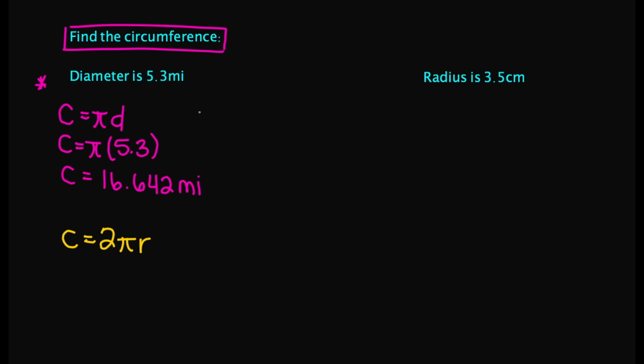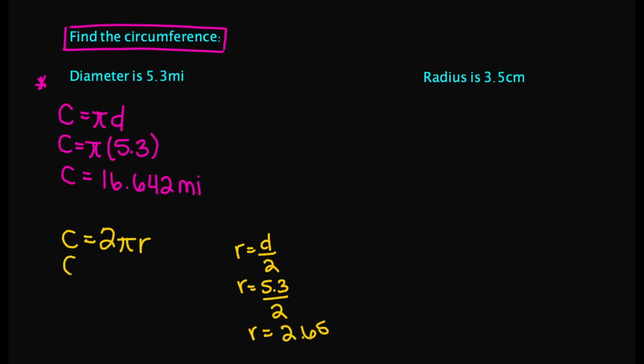And let's say you wanted to use this formula here, C equals 2 pi r. Remember, to find your radius, you're going to do r equals diameter divided by 2. So r equals 5.3 divided by 2, and you're going to get 2.65 as your answer.